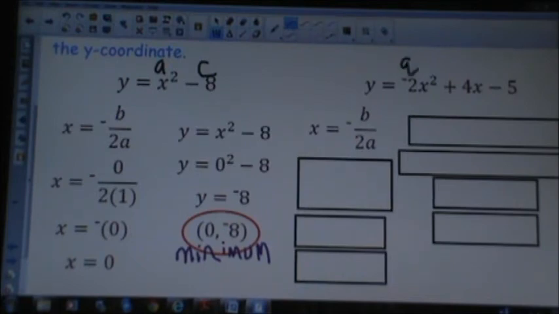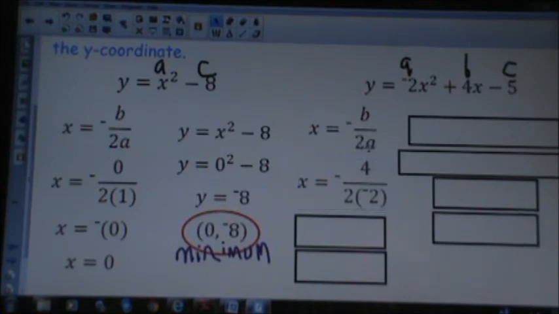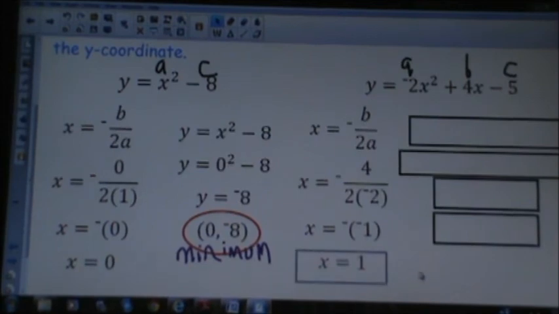This is my A. This is my B, and this is my C. So B is positive 4 divided by 2 times A, which is negative 2. 4 divided by 2 times negative 2 is negative 4. So 4 divided by negative 4 is a negative 1. But I want the negative of that, so that makes x a positive 1.